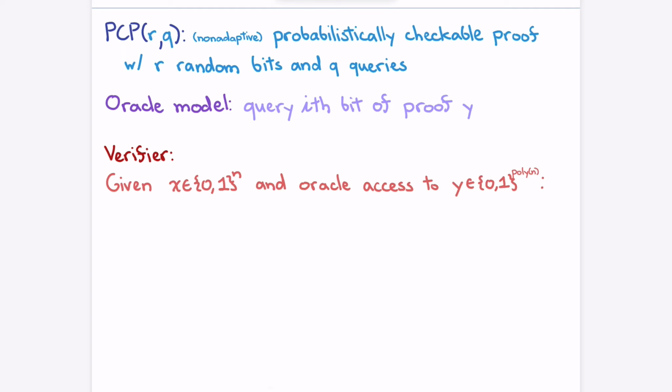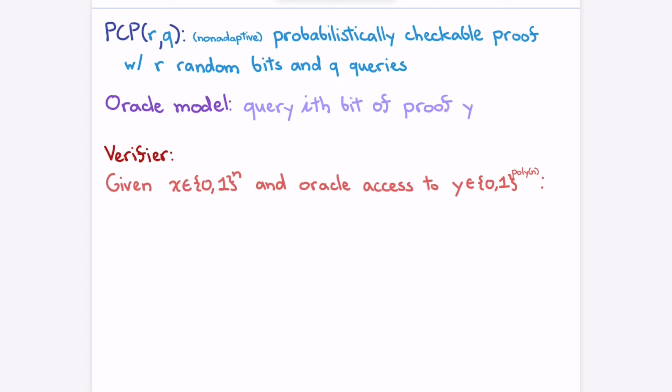All right, so this is the model we'll look at today. The class PCP[R,Q]. Here's the idea. You're looking at proofs. They may be big, but the question is, do you have to look at the entire proof? The idea is that you're allowed a certain number of random bits and a certain number of queries.